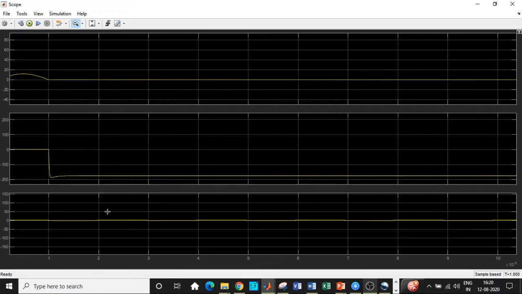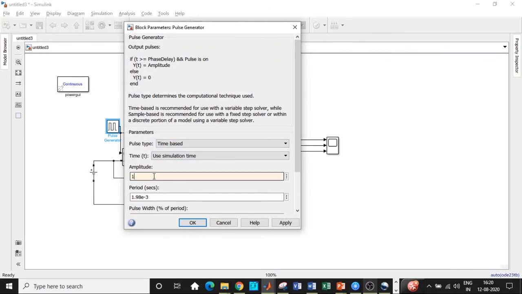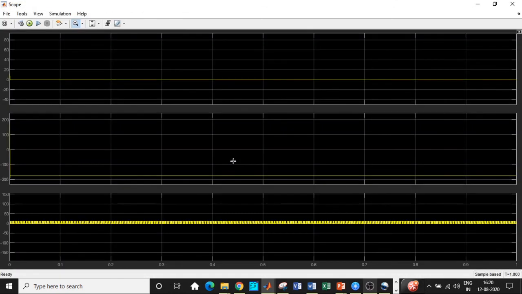Just in case you want to see the pulses, you can increase the amplitude of the pulse generator block. That is, you can change it to 10 in order to clearly see how the pulses look in that particular waveform. The pulses don't seem to appear properly otherwise.